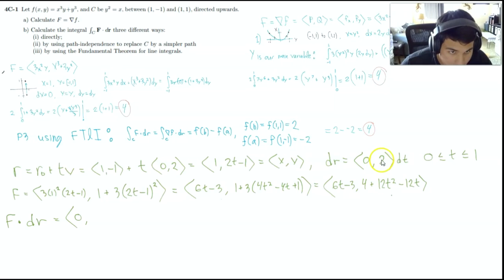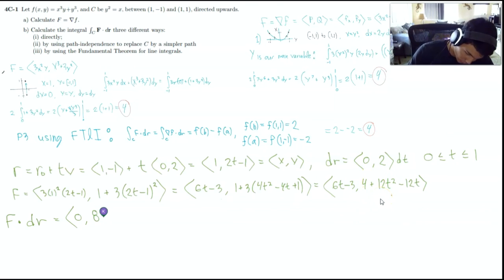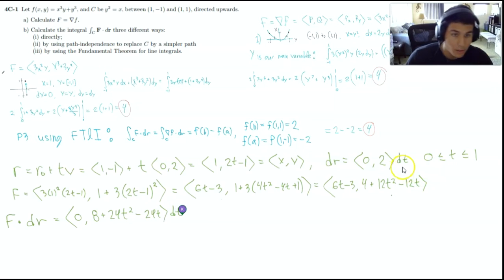And it's this times all this, which is going to turn into 2 times 4 times 2 times that. Well, you get what I'm saying. 8 plus 24t squared minus, not a plus, it's a minus, minus 24t. And remember, part of dr was the dt on the outside, so we have to keep the dt on the outside.